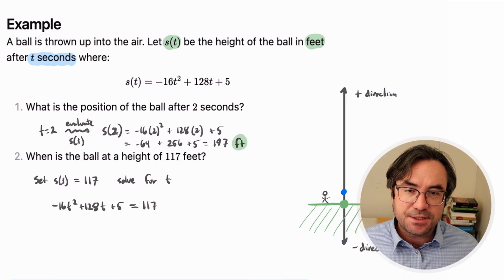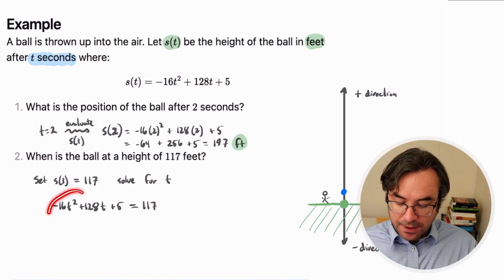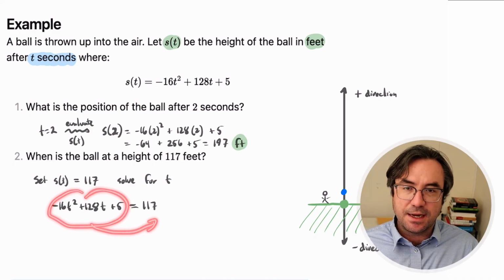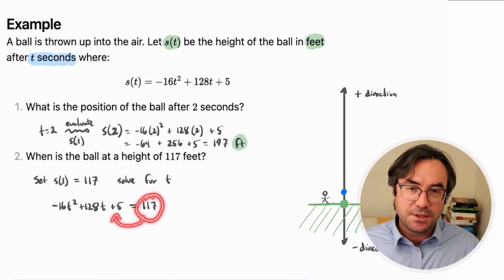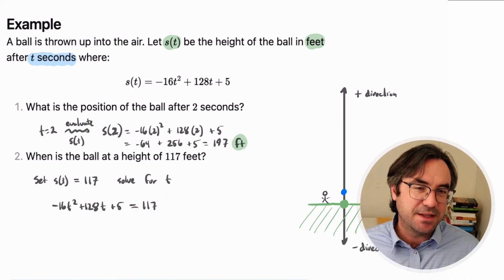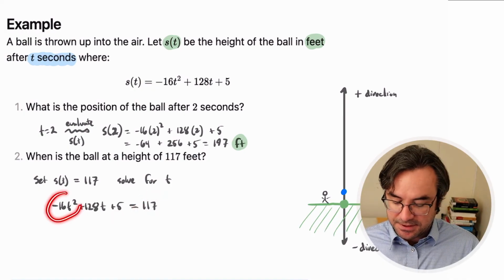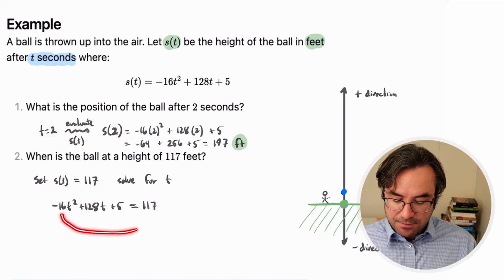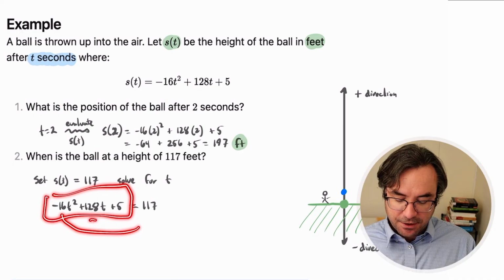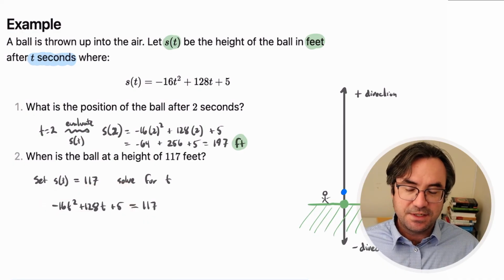The way to do this is to try and get all the terms over to one side. I could subtract 117 from both sides. Maybe that's the easier way. I don't like this negative in front of the t squared, though, so I'm going to move all of this stuff over with the 117 so that I can make this one positive.